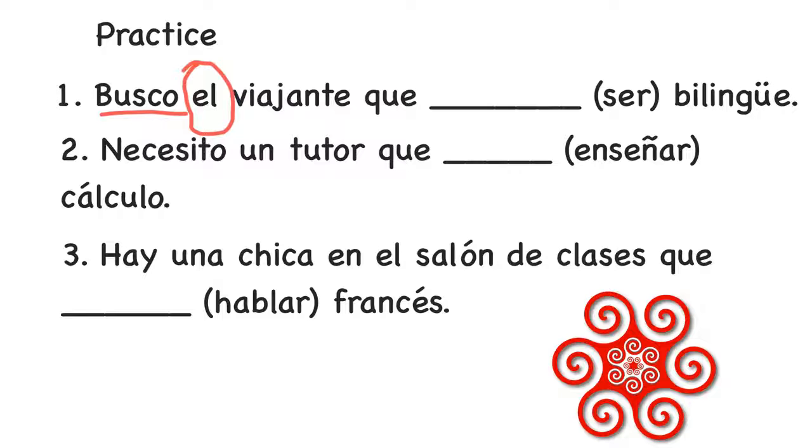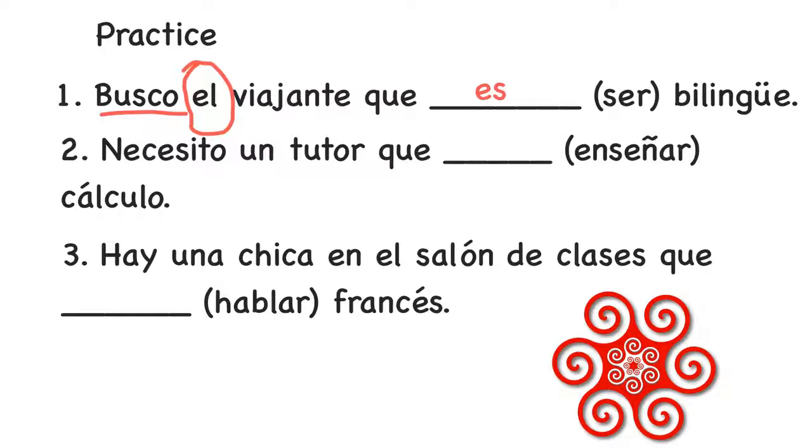For example, if we translate this sentence into English, I'm looking for the salesman that is bilingual. So because we're using a definite article, this sentence is going to be conjugated in what? Yes, in the indicative. Busco el viajante que es bilingüe.